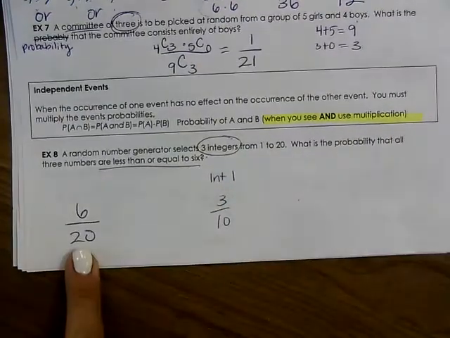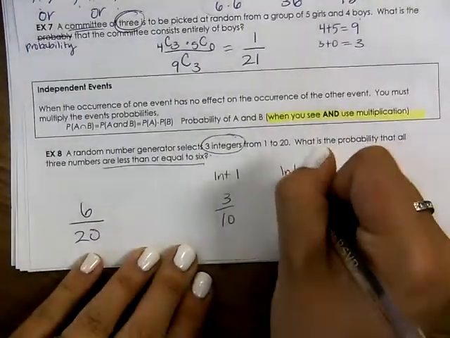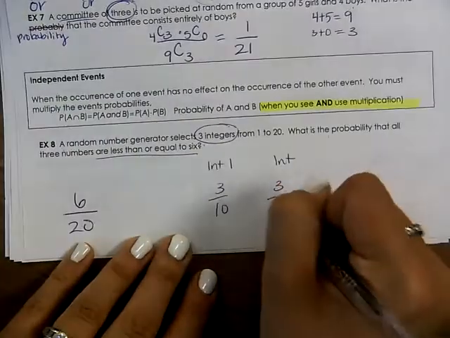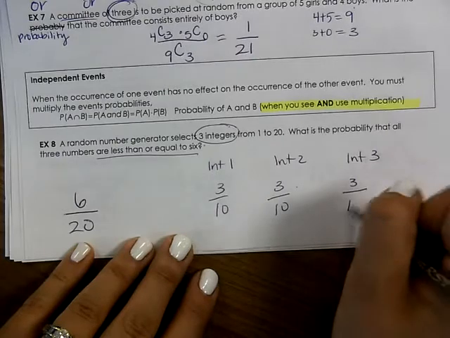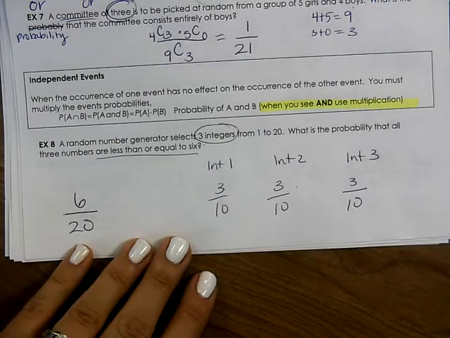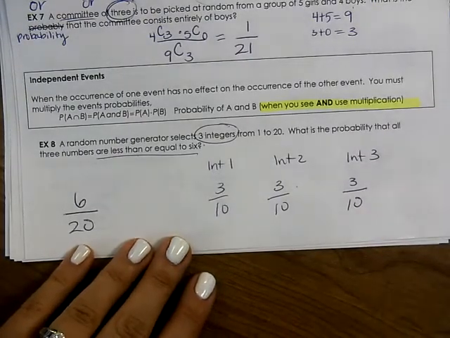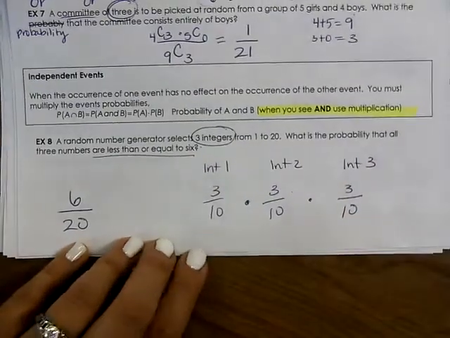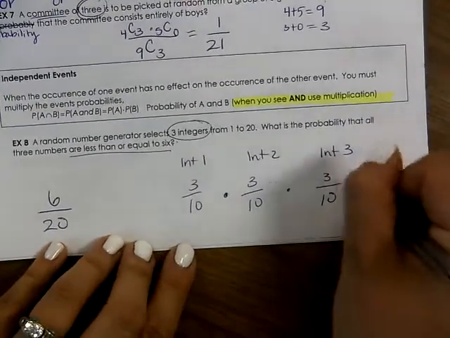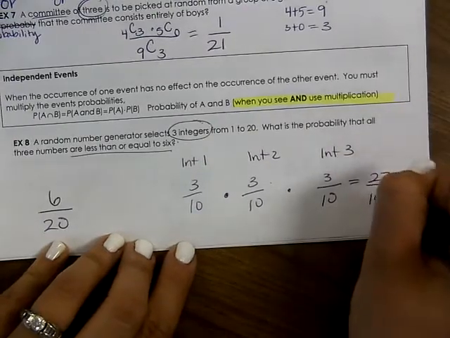I just simplified that. That's all. Okay? Integer 2 then, the probability is 3 out of 10. Integer 3, the probability is 3 out of 10. These are and situations, or these are independent event situations, so all you have to do is multiply those together, giving you 27 over 1,000.